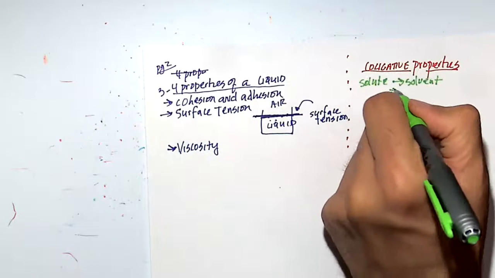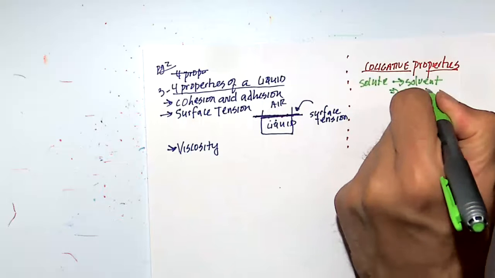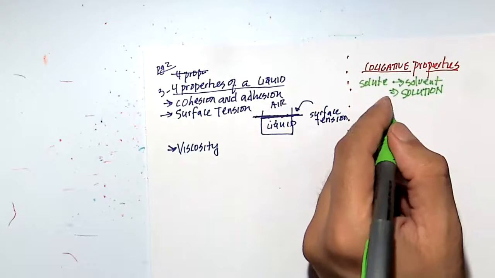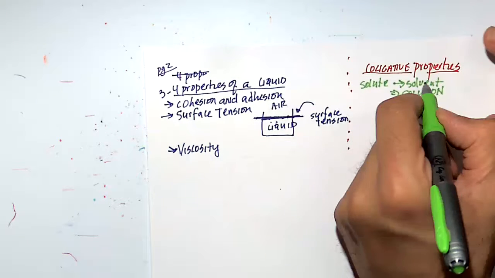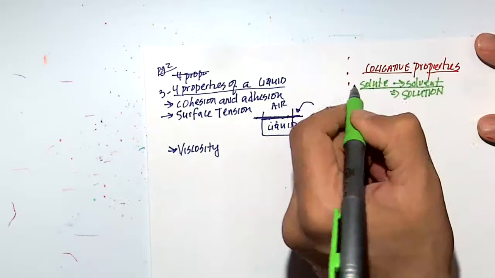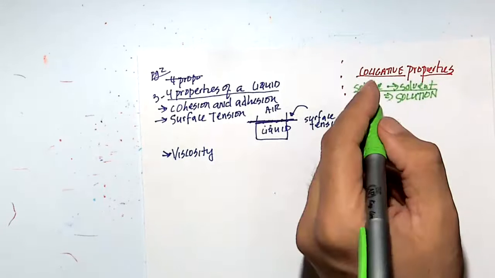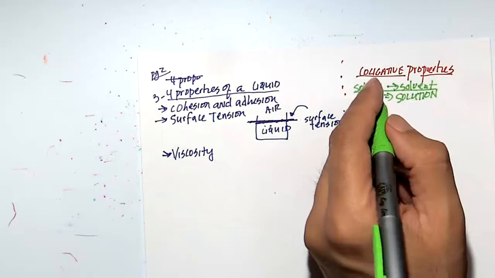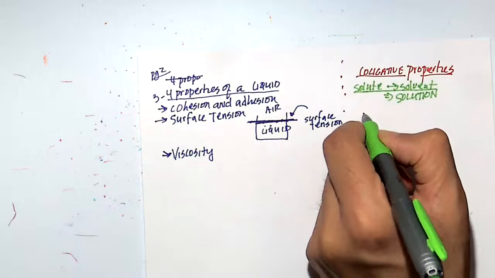One of the things we do is we make a solution, right? Solute plus solvent is a solution. But what 4 fundamental properties happen once you make a solution? Freeze point. We have a new freezing point.